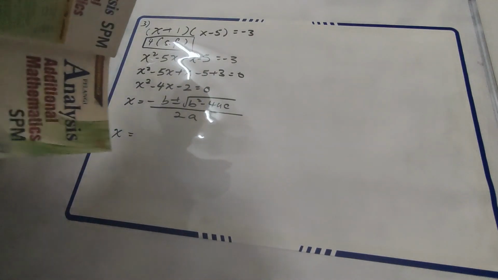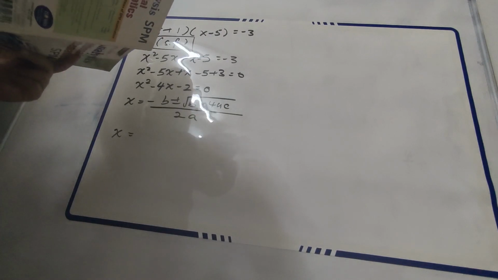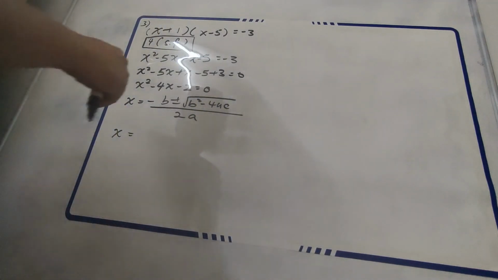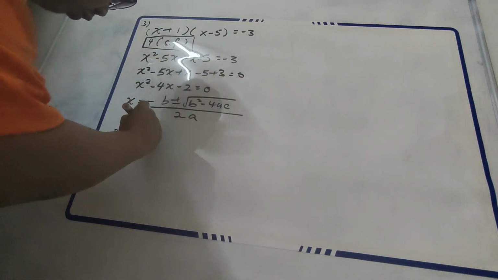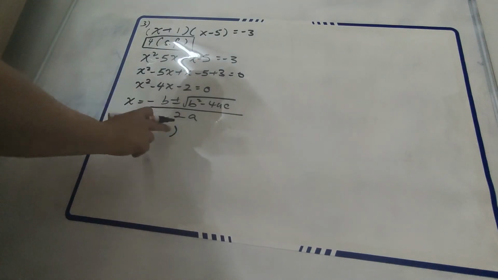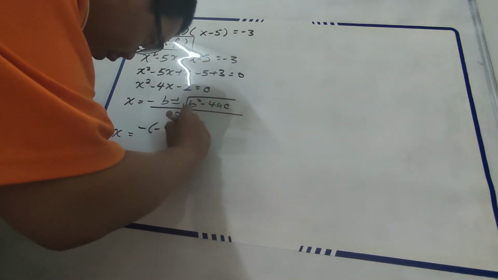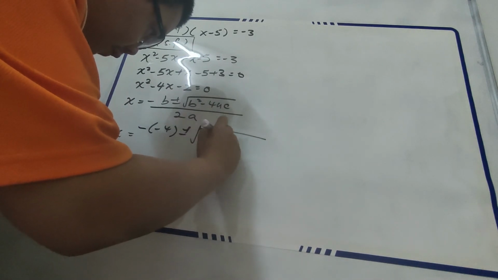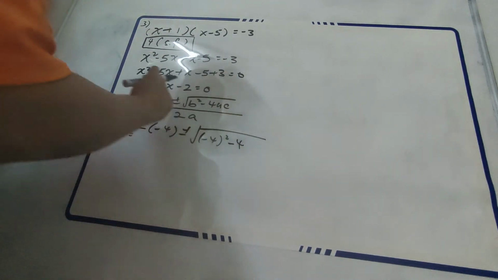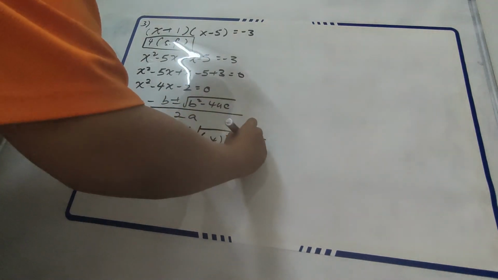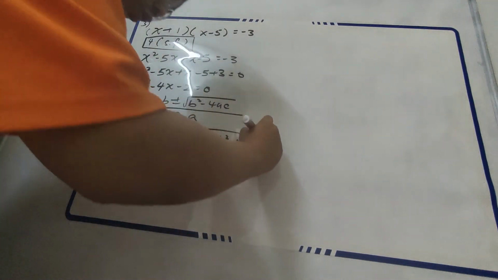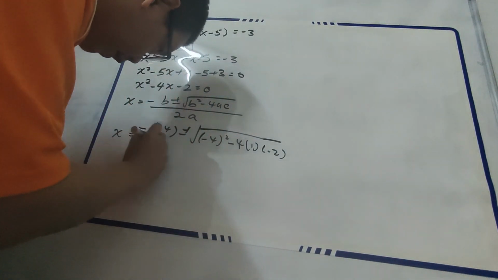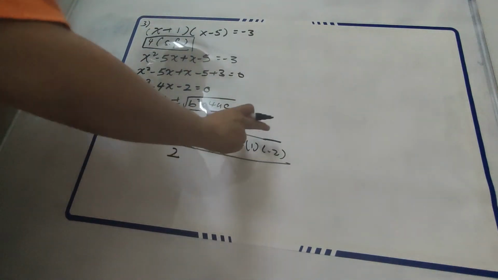Let me check whether I wrote the equation correctly. Yes, correct. So your b here is minus 4, so negative becomes positive, plus and minus the square root of minus 4 squared minus 4ac. A here is 1, and c is minus 2, divided by 2 times a, and a is 1.